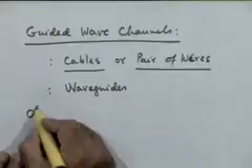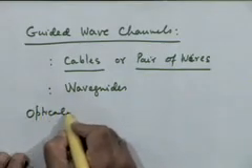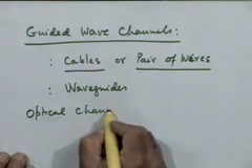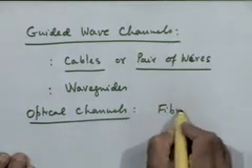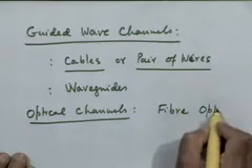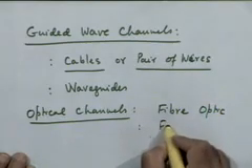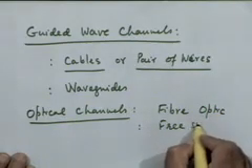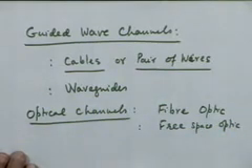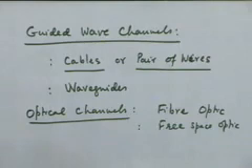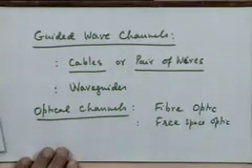And of course optical channels. You can have two kinds, the fiber optic or free space optic, right? You can have free space optical communication or you can have fiber optic communication.